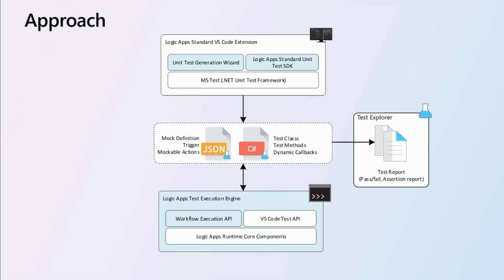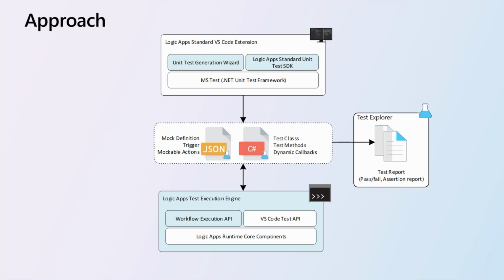Then the result of those unit test generation is a combination of things. The first one is you're going to actually have a solution with a project for the logic app, with folders for each one of the workflows, and inside that, C# files, right, with the test classes, the test methods, and a way to dynamically execute workflows if you need to, but also mock definitions if you decided to generate that from a run. So you have that JSON file that you can go and manipulate if you want to, or you can create all of that programmatically.